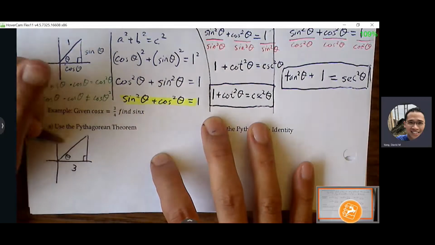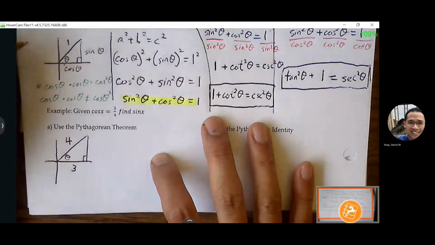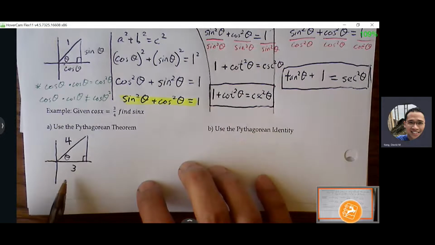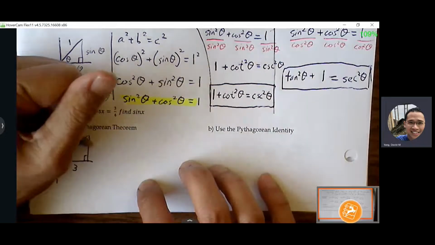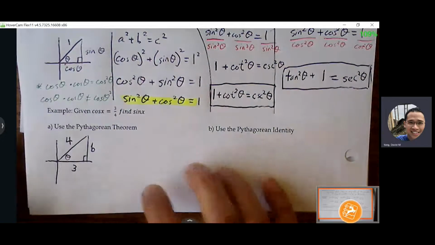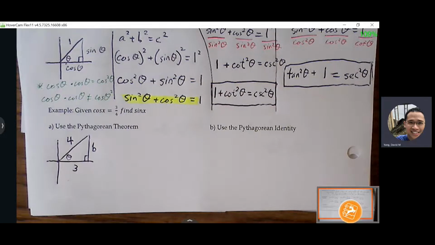So adjacent over hypotenuse. Pythagorean theorem, a squared plus b squared equals c squared. I'll call this b. And now I'm just going to set it up. This is not quite a 3, 4, 5 triangle, right? A 3, 4, 5 triangle would need a 5 on the hypotenuse side. So it's not going to be a pretty number here. It's most likely going to be a radical.